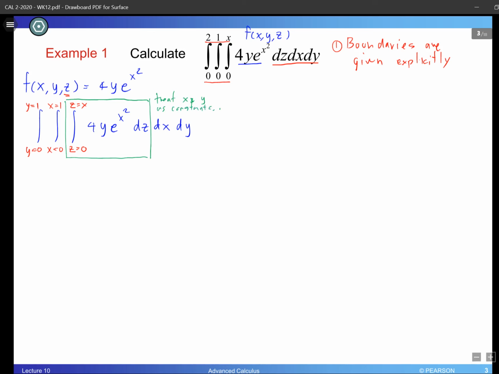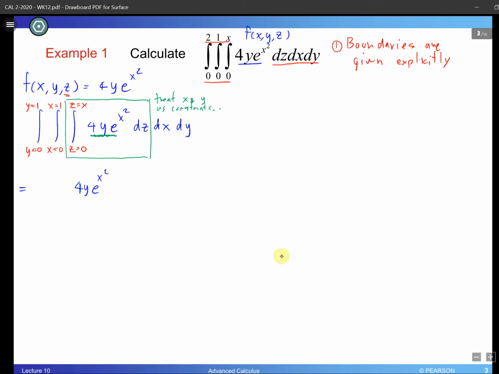Okay, so let's work on this one right here. So we are going to integrate this with respect to z, and as you can see here, there is no z in this expression. So this whole term is going to be treated as a constant. Nothing changes: 4y e to the power of x squared.